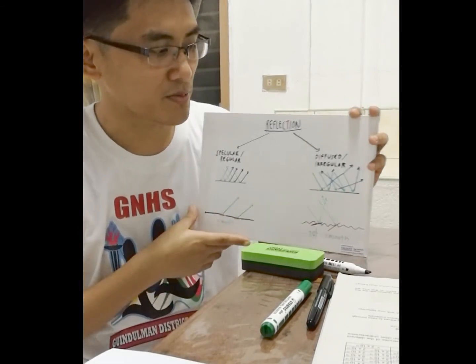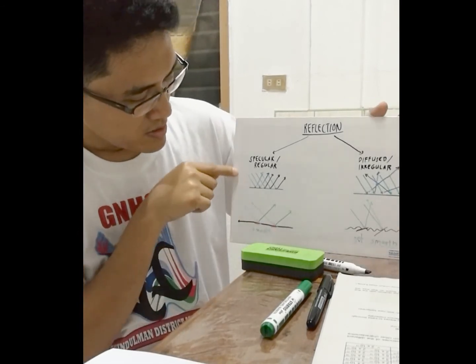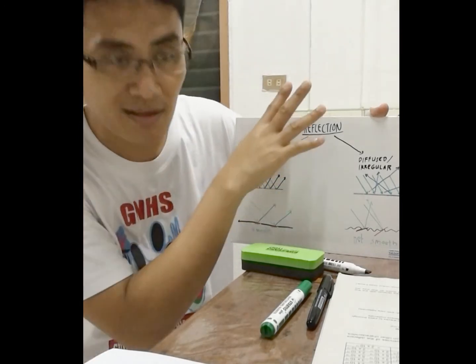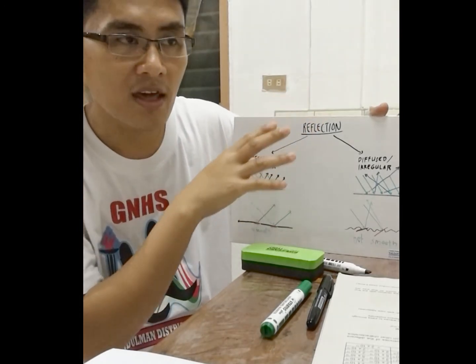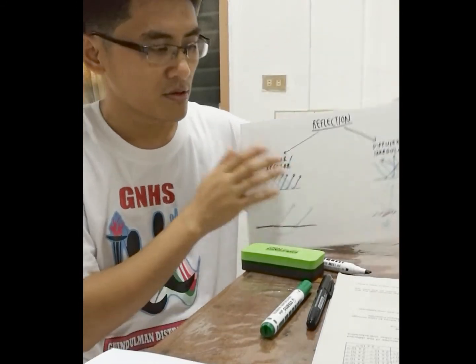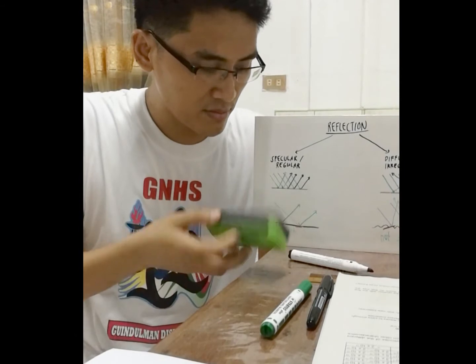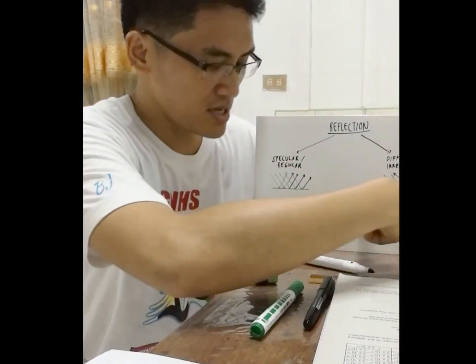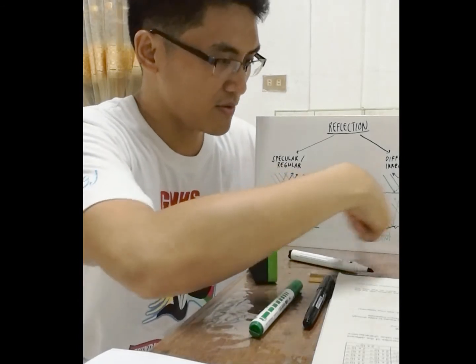But if you have a plane mirror, since the reflection is only at a single angle, then if you have a mirror here, and then you have this one, a person coming from here could see this because of the reflection.